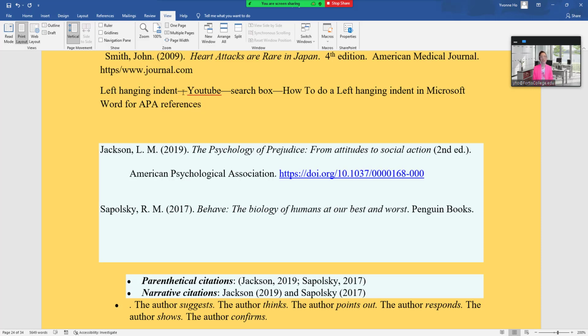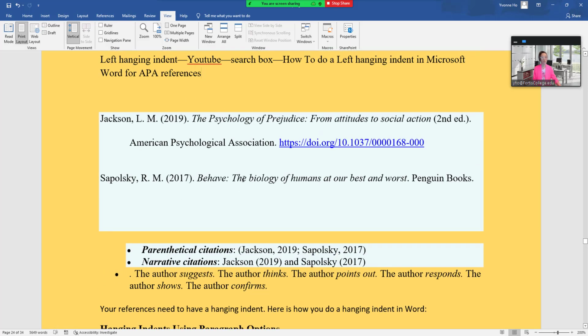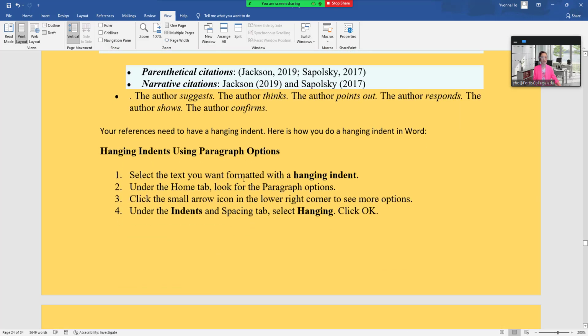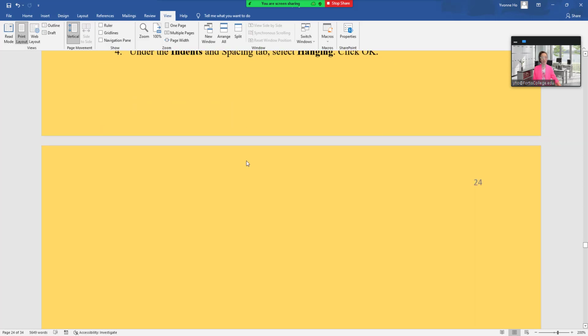Then you're going to get a gazillion people's videos on how to do it. But this is what it looks like, and it's only for your reference page. Oh, here I actually did it, so you can read this for yourself.